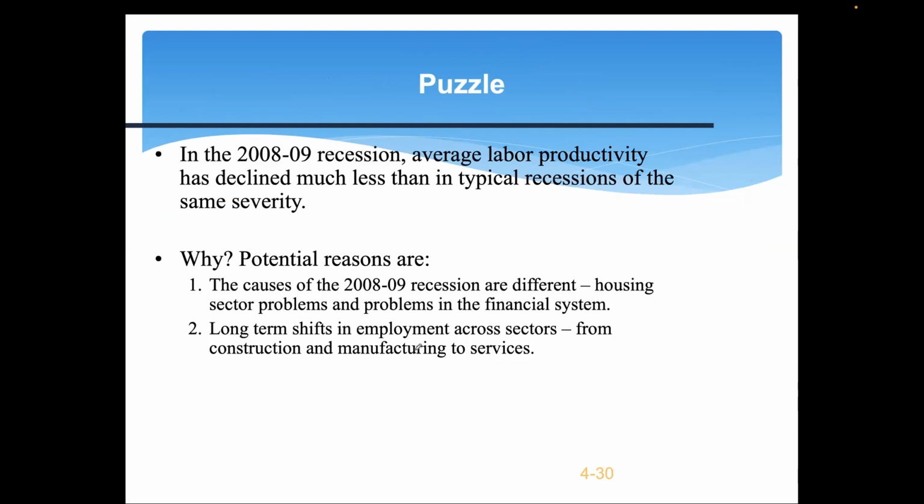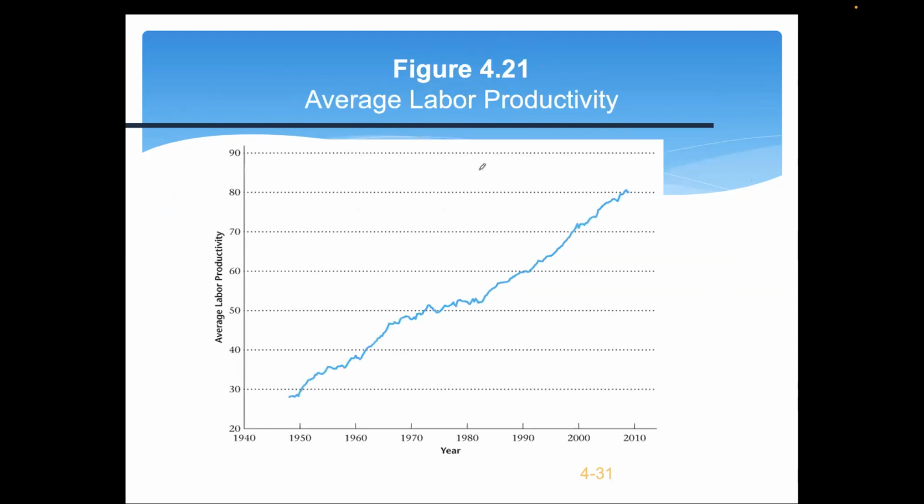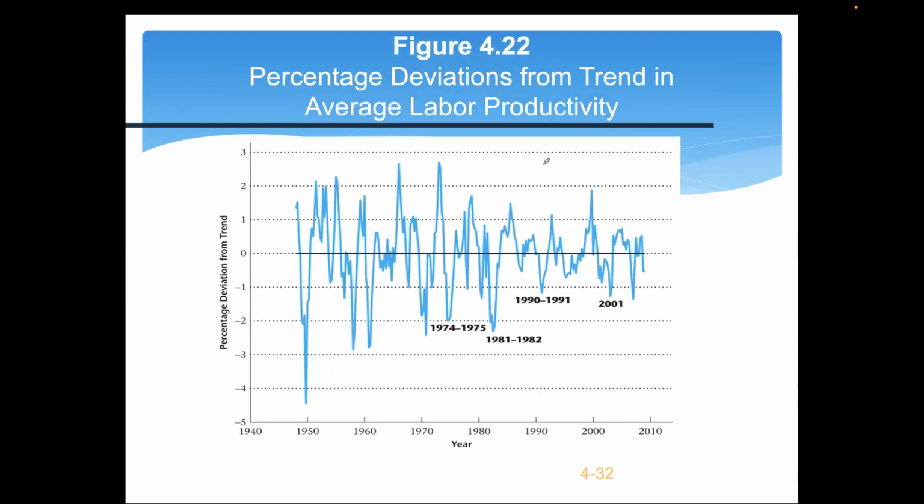In the 2008 and 2009 recession, the average labor productivity declined, but it declined much less compared with a typical recession. Maybe this shows up here. This is the percentage change from trend of the average labor productivity.